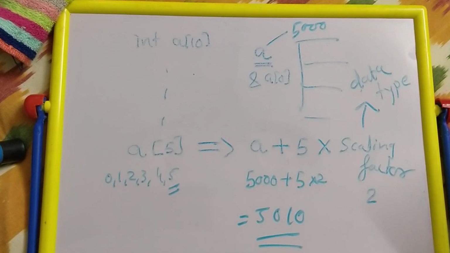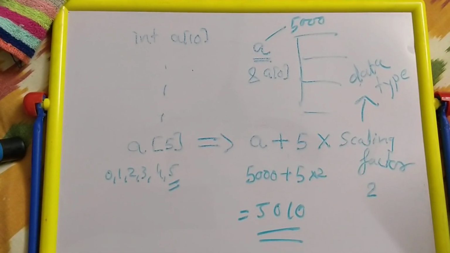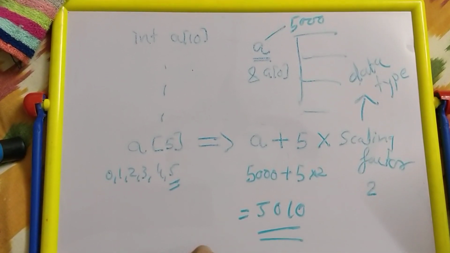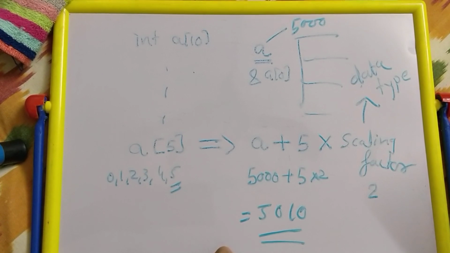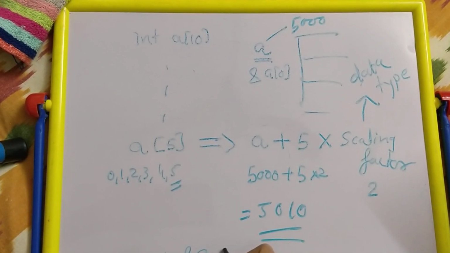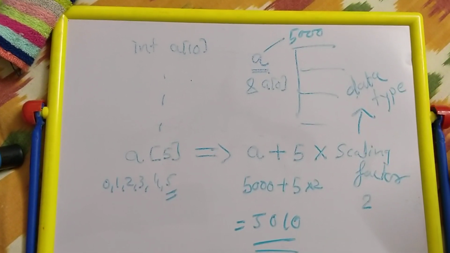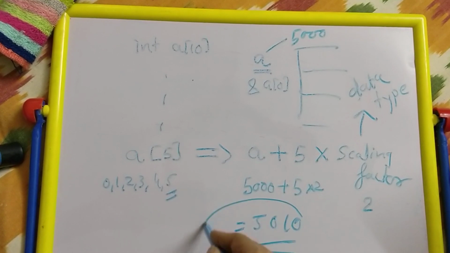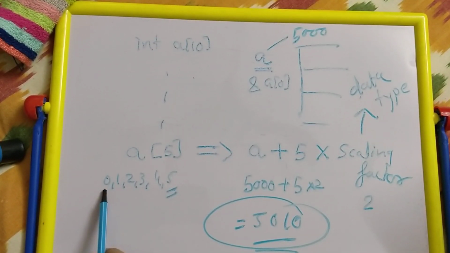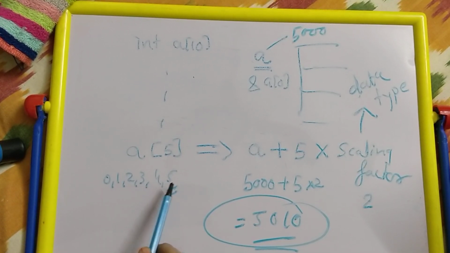So my fifth element would be located at location 5010. So when I write A of 5, this would be the value at the address specified by A plus 5, and this is how it is calculated, right? You can see here, this is 5000, 5002, 5004, 5006, 5008, 5010.